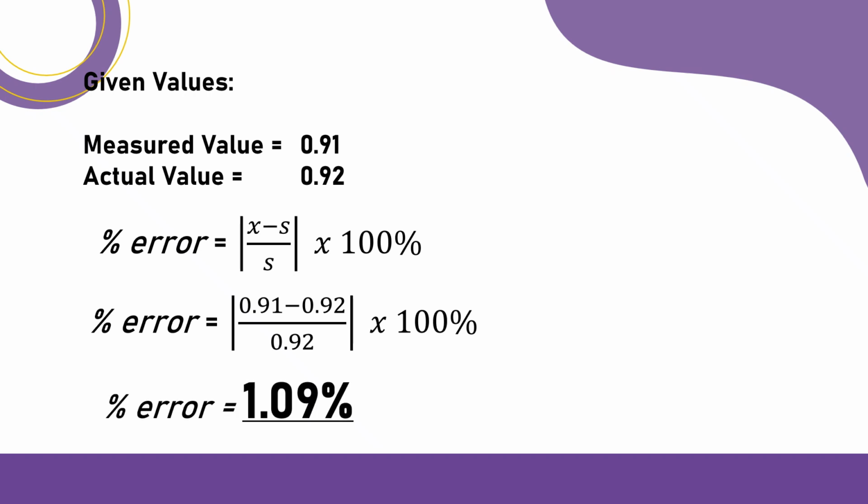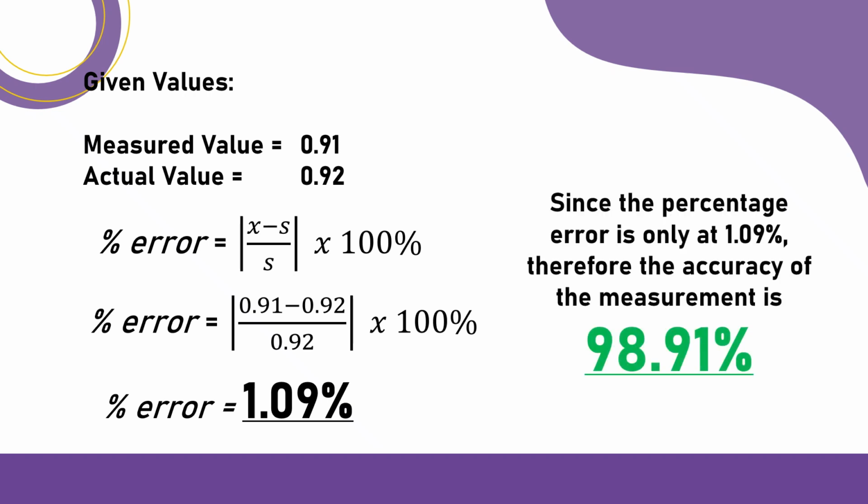You should arrive at the answer of 1.09%. Now, since the percent error is only 1.09%, the measurement is 98.91% accurate. The percent error tells you how wrong your measurement is.